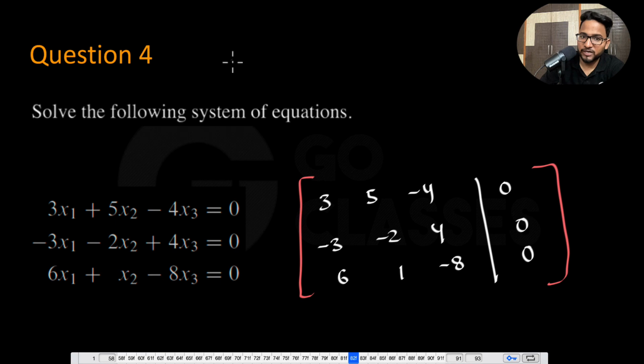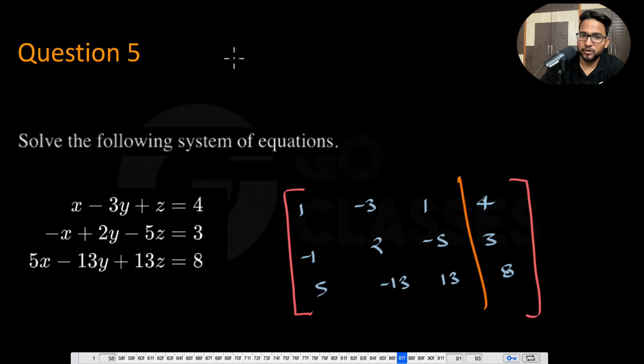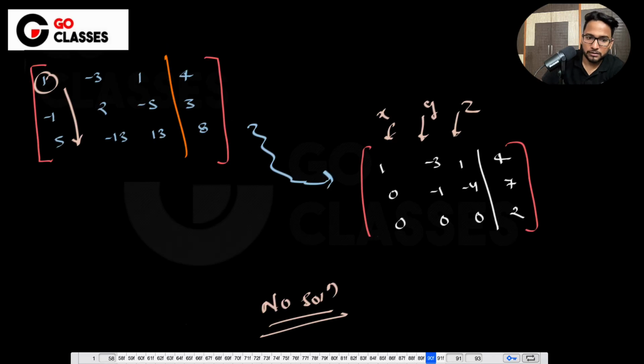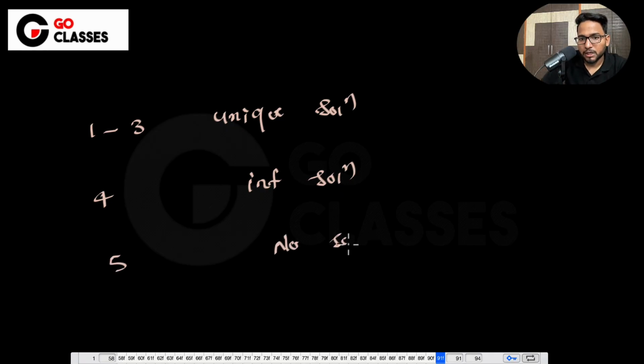Question number 4 is an infinite solution, and question number 5 that we have solved actually has no solution. So we have solved 5 questions. There are 3 cases in a system of linear equations, and we have covered all 3 cases using the examples.